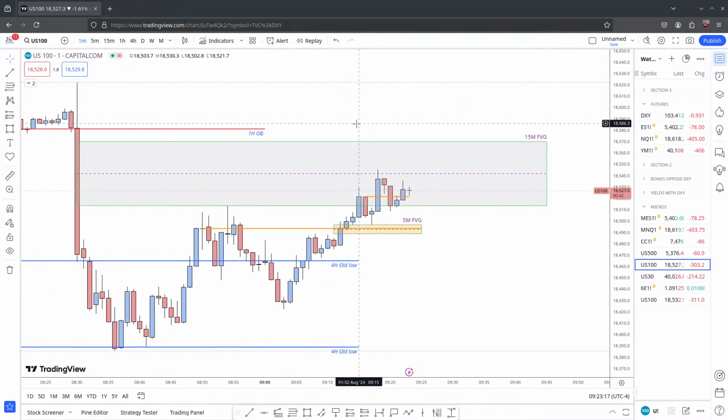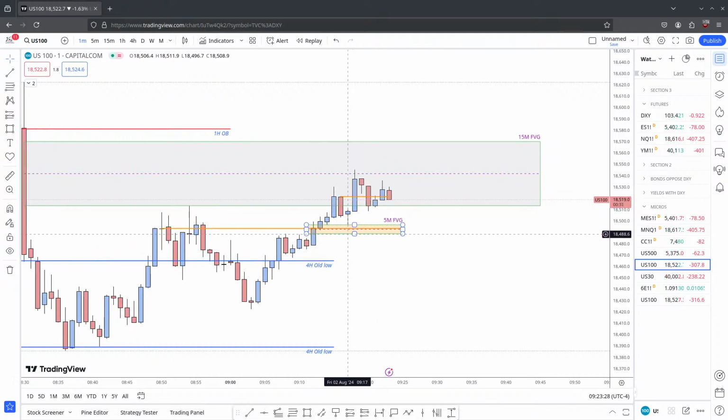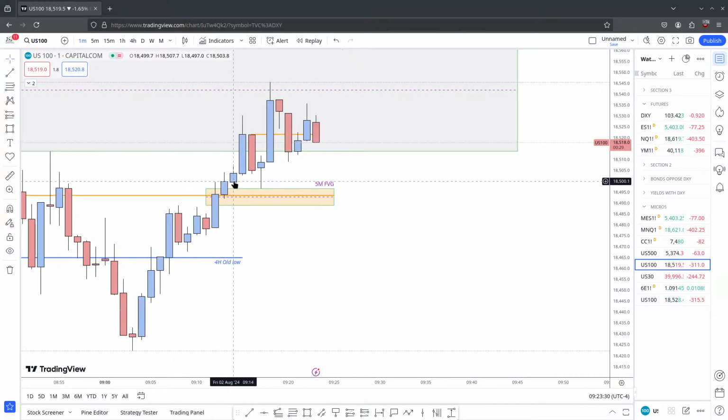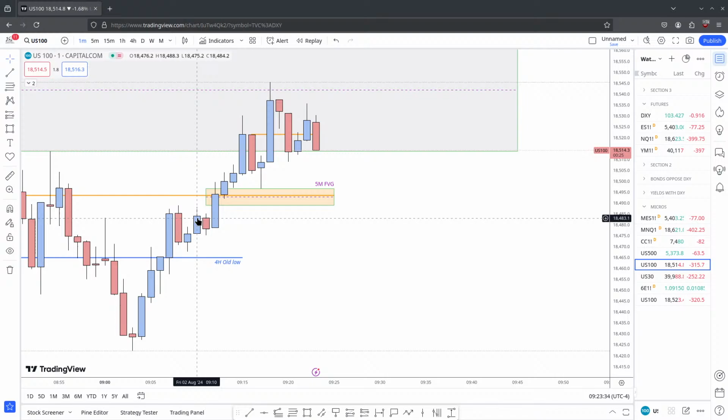If you would take this order block here, you would be looking at a stop below this 5-minute fair value gap, which on a 1 minute, you're going to have to put a stop over here below this fair value gap.